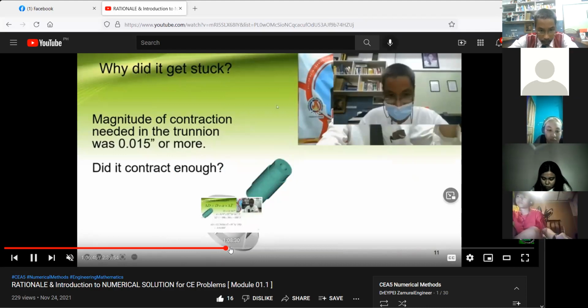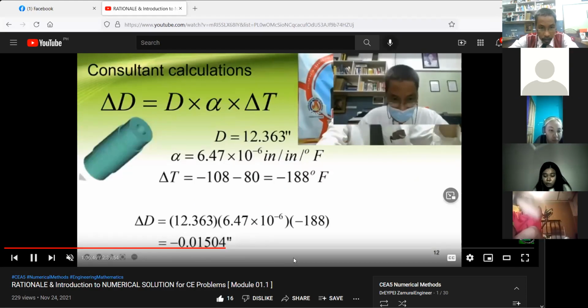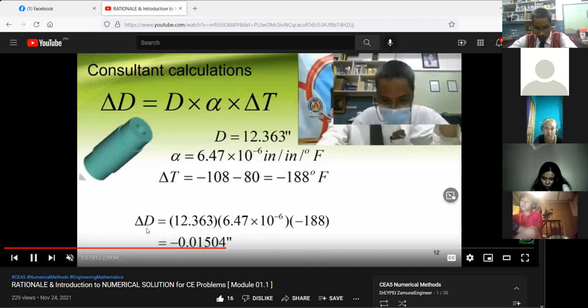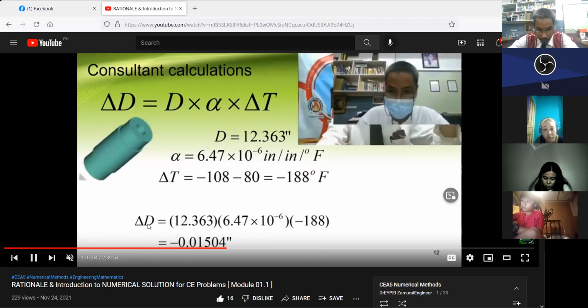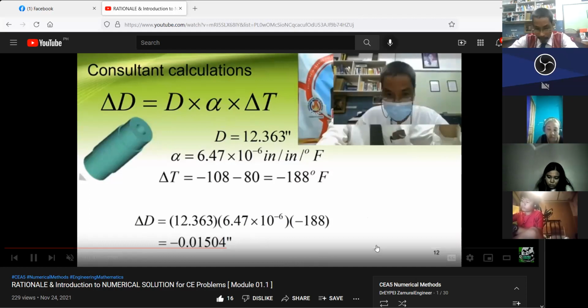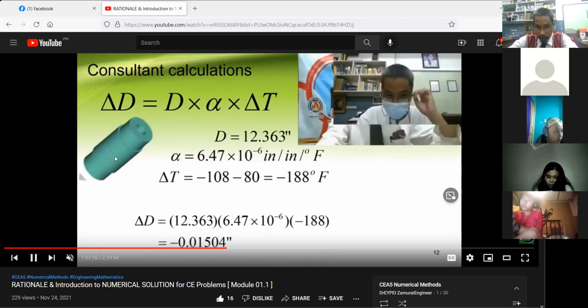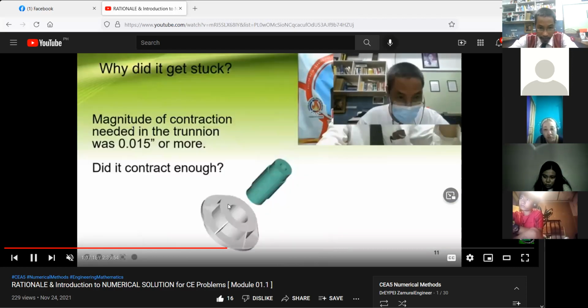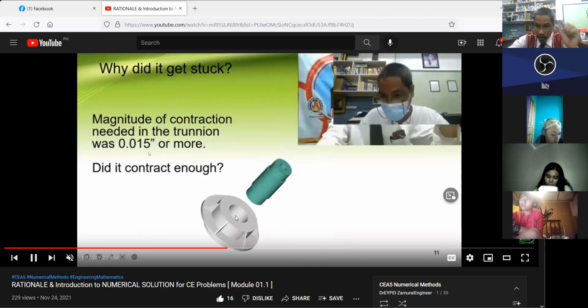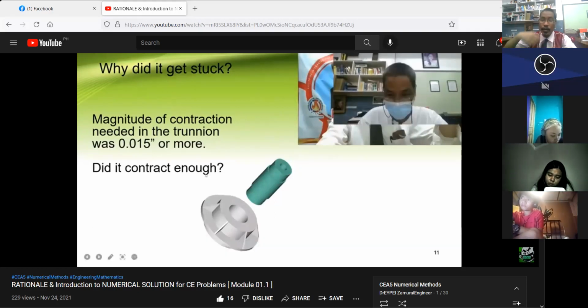Okay, another example. Consultant's calculation. There is a formula given here. Computation of difference in diameter. The difference in diameter of this trunnion is very critical because, just like we have explained in this video, if the trunnion is within some allowance, it can easily be rotated.